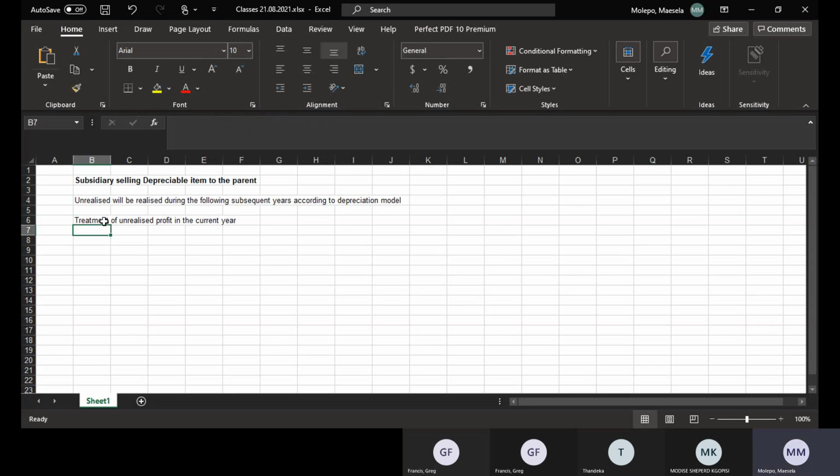First, this unrealized profit is gonna be deducted from the cost of assets.